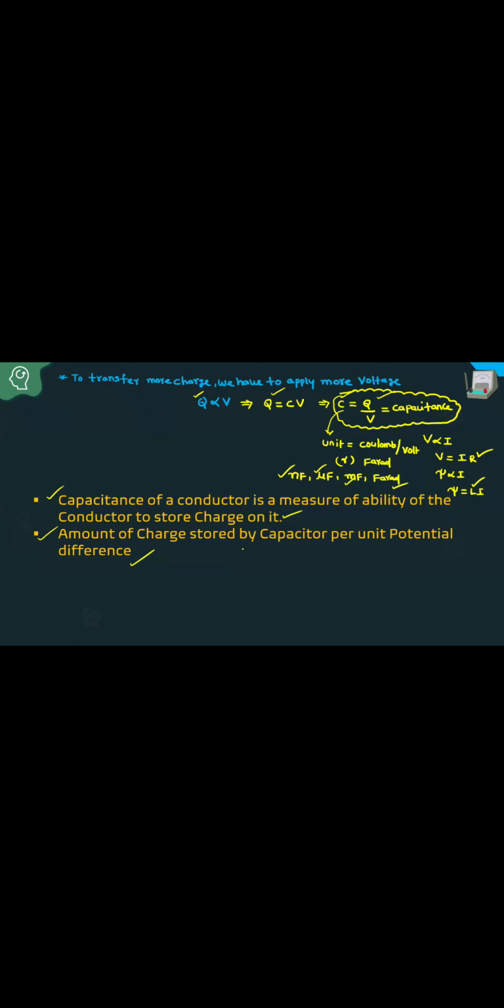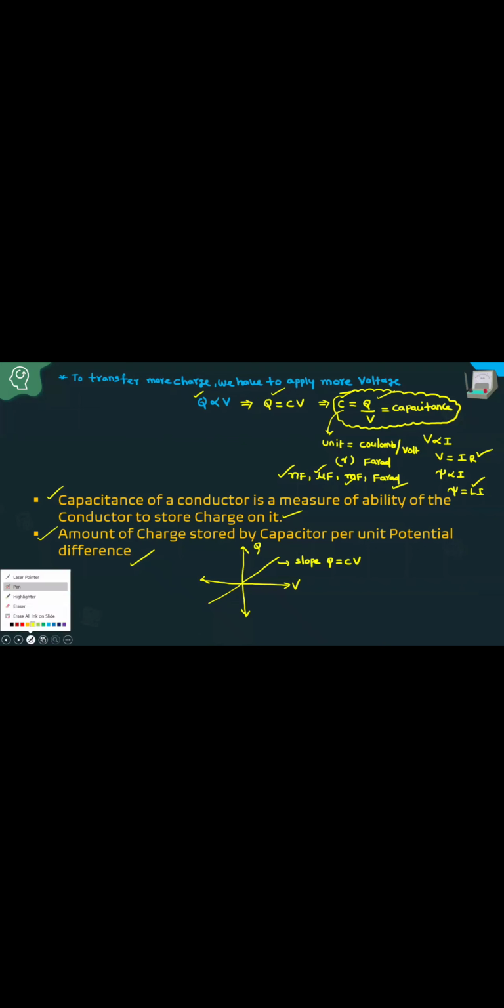If you draw the characteristics between Q and V, with Q equal to CV, this is Q and this is V, we get a linear characteristic. Then what is the slope of this curve?